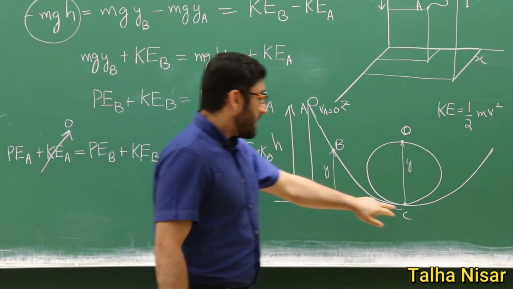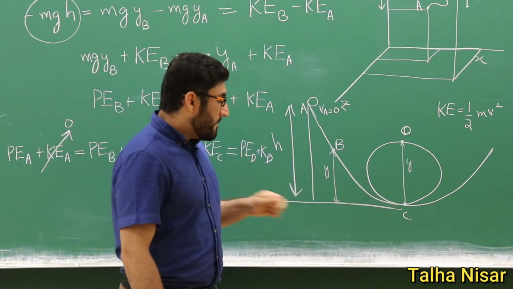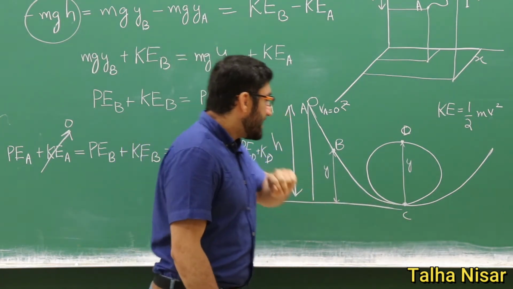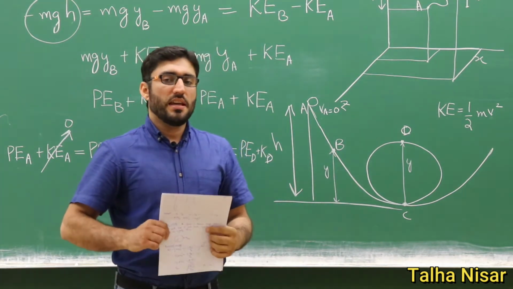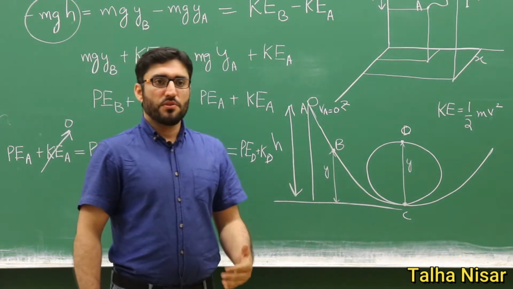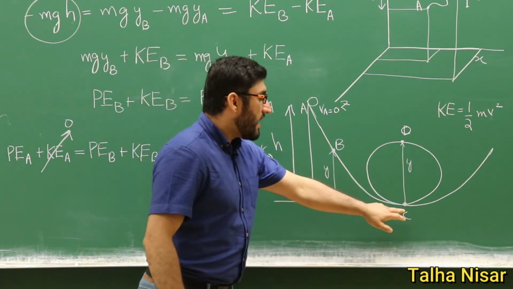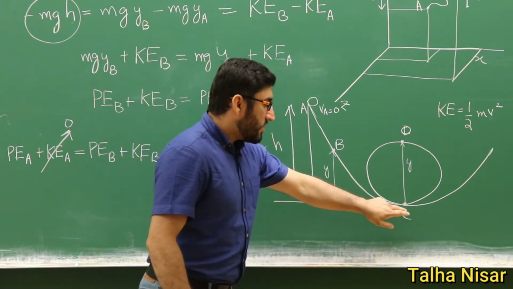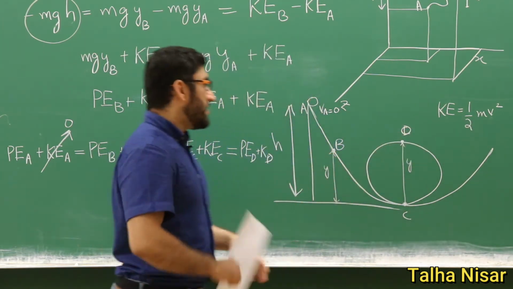And now we want to know what's the total mechanical energy at point C. At point C, we can clearly see that we do not have any height. If we do not have any height with respect to the ground, that means the potential energy is 0. So if the potential energy is 0, we have the maximum speed here, and so we have the maximum kinetic energy in this case.